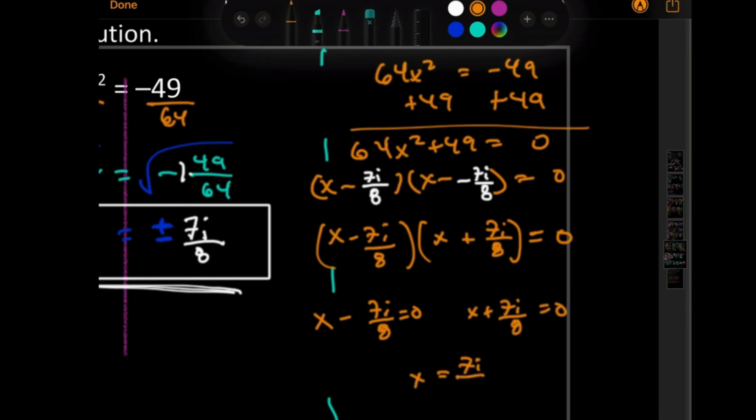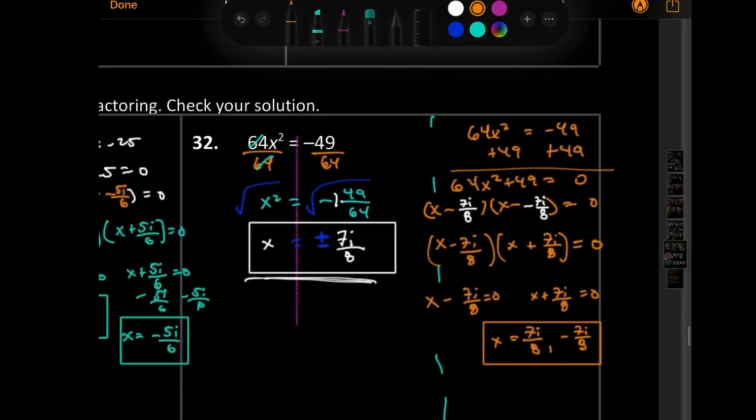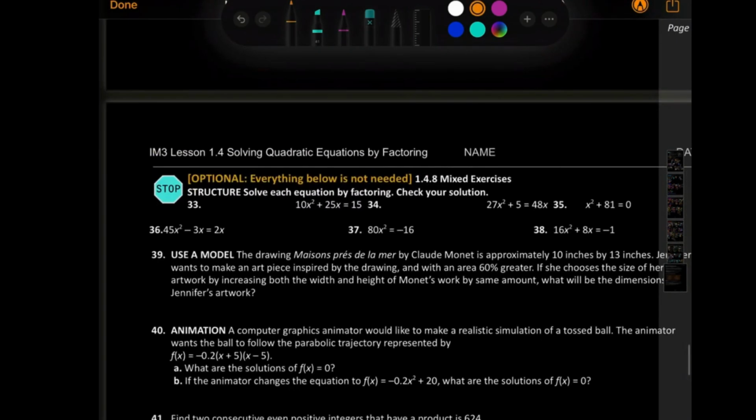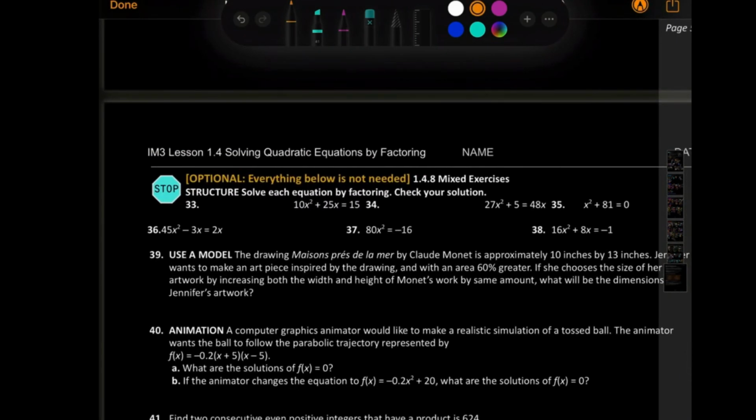Positive 7i over 8 and negative 7i over 8. Okay, so the work on the orange is showing you that it looks like to others that you factored, if that makes sense. And remember, you don't have to do the end of these, it's just optional, for when you want to challenge yourself.